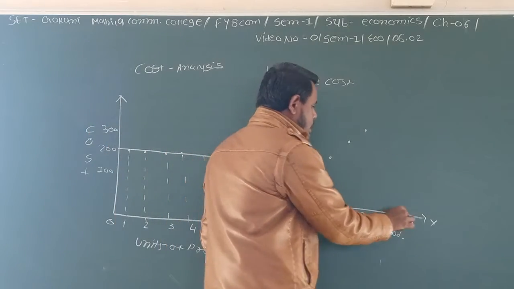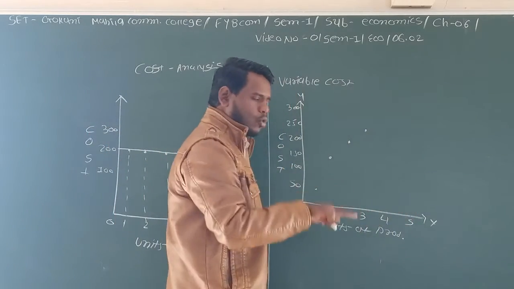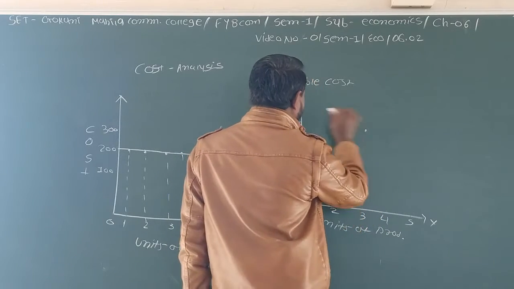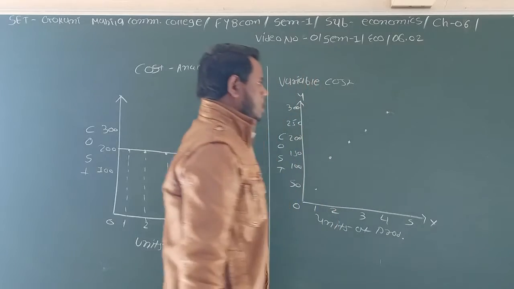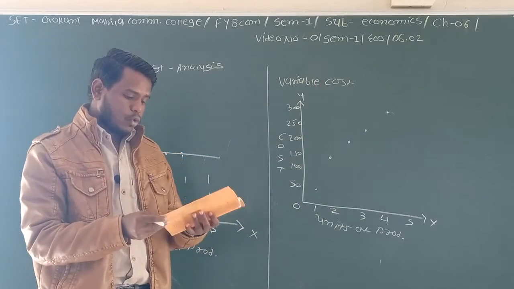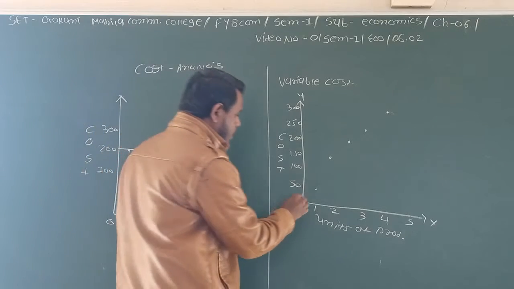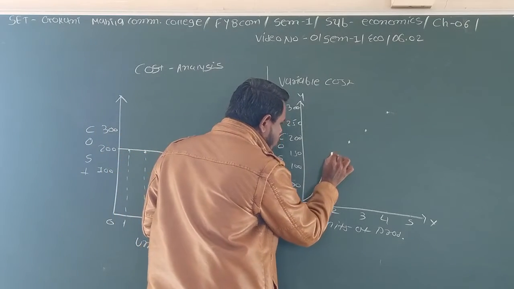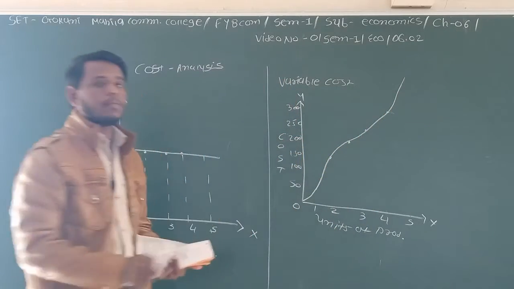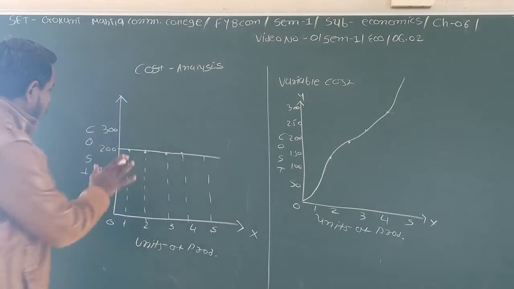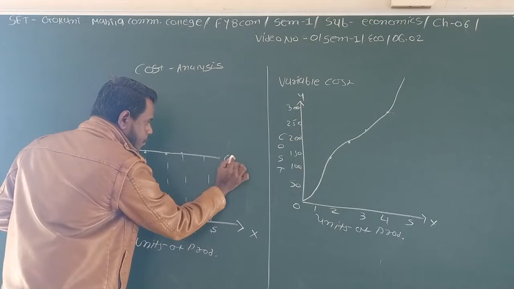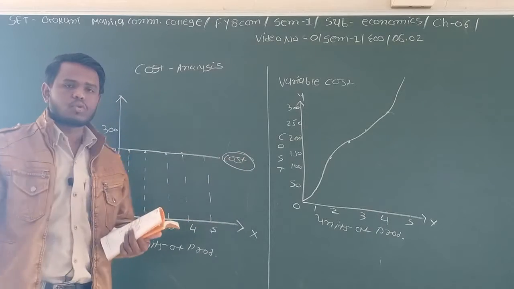And when you produce 5 units, say for example, if your cost is 300 rupees, so basically your diagram could be this type. You just simply connect all the dots. This is the diagram of variable cost and this is the diagram of fixed cost.